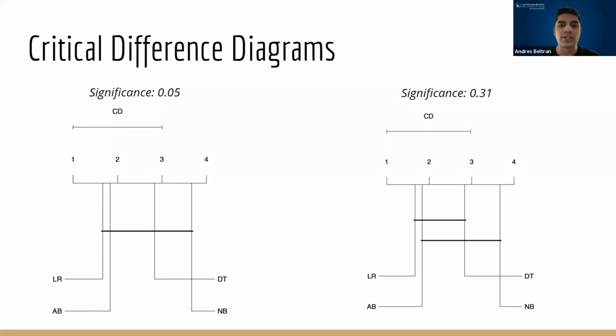We need to set our difference level alpha as high as 31% to obtain a significant difference between logistic regression, or LR, and naive Bayes, or NB, as shown in the diagram on the right. This means that we are only 69% confident that these 2 algorithms are significantly different.